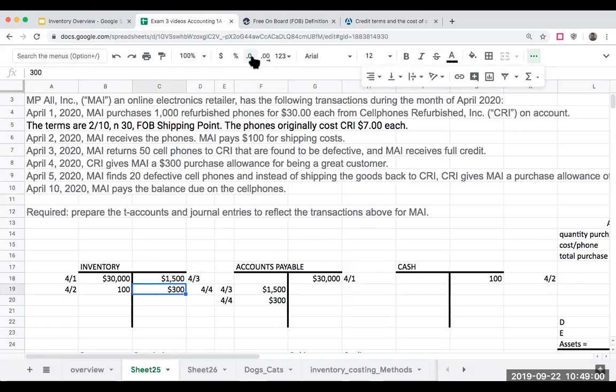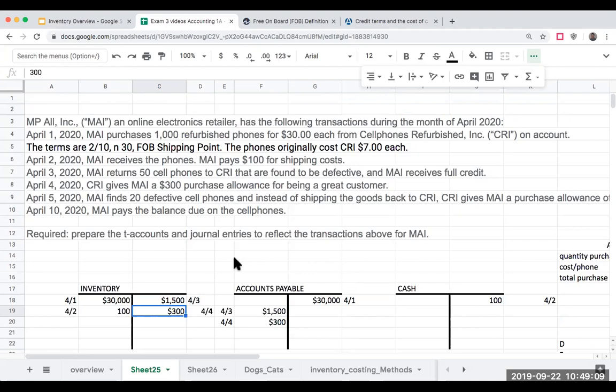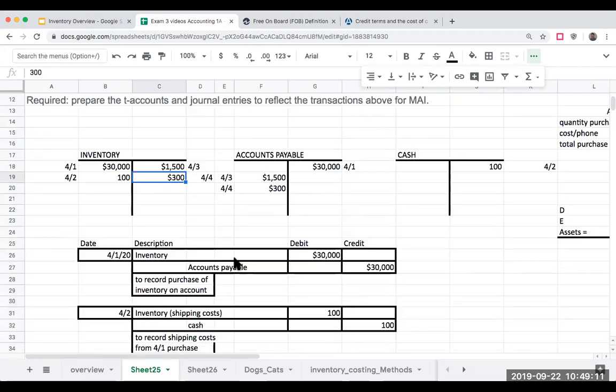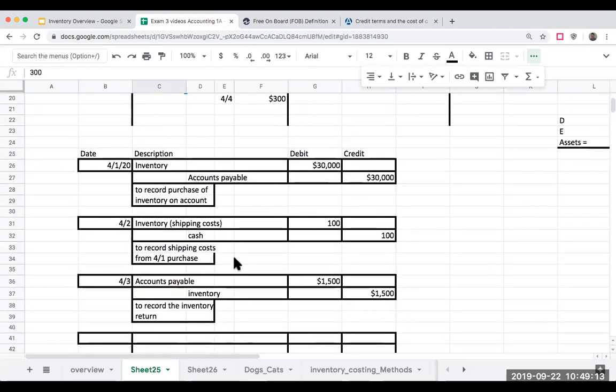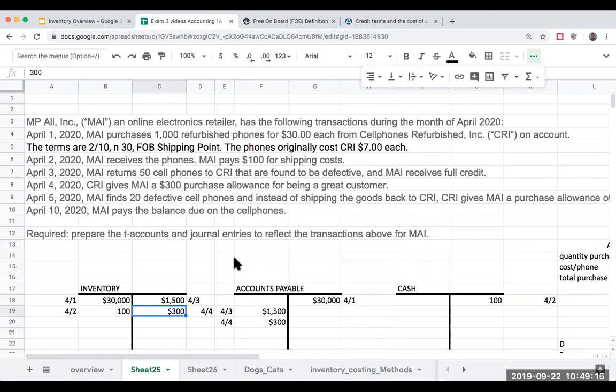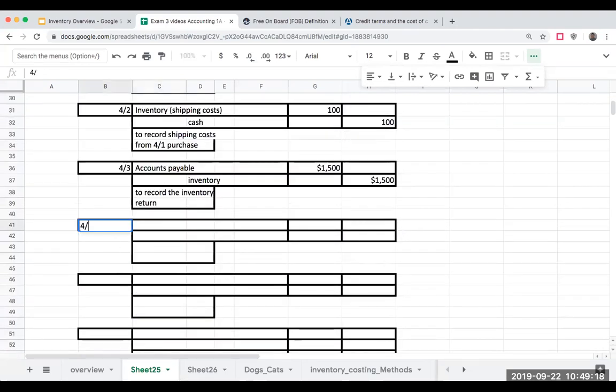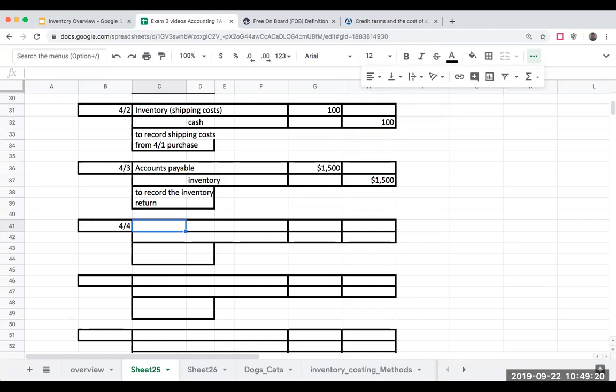The seller is telling me, hey, you no longer have to pay $300. You're a great customer. We want to give you less hassles. So on this purchase allowance on April 4th, it's essentially the same transaction as above.